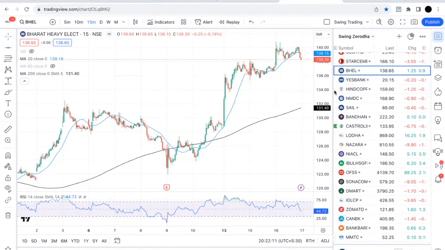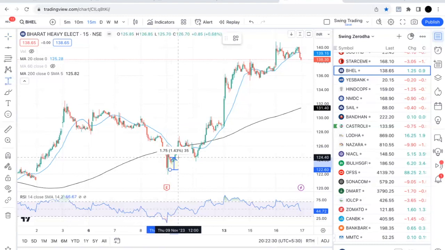For example, look at this, where the price has gone below the 20, quite far away from the 20. But there's no other indication that we're going to get a good percentage here. Look at this, there's more than 1% in there, but it did go up higher.